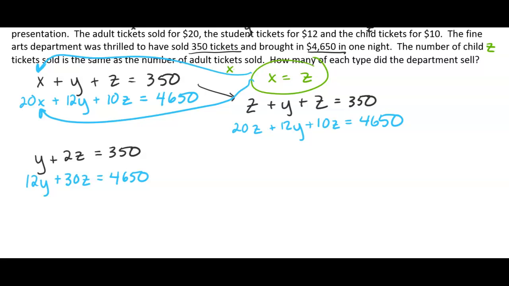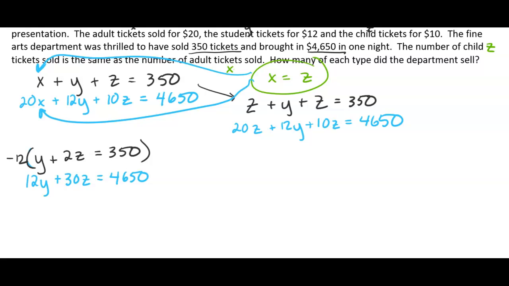Well, I'm either going to want to multiply the top one by a -12 or a -15. -12 if I want to get rid of the Y's, and -15 if I want to get rid of the Z's. I'll go with a -12. It seems like a little bit smaller number. I'll multiply the top equation by a -12.